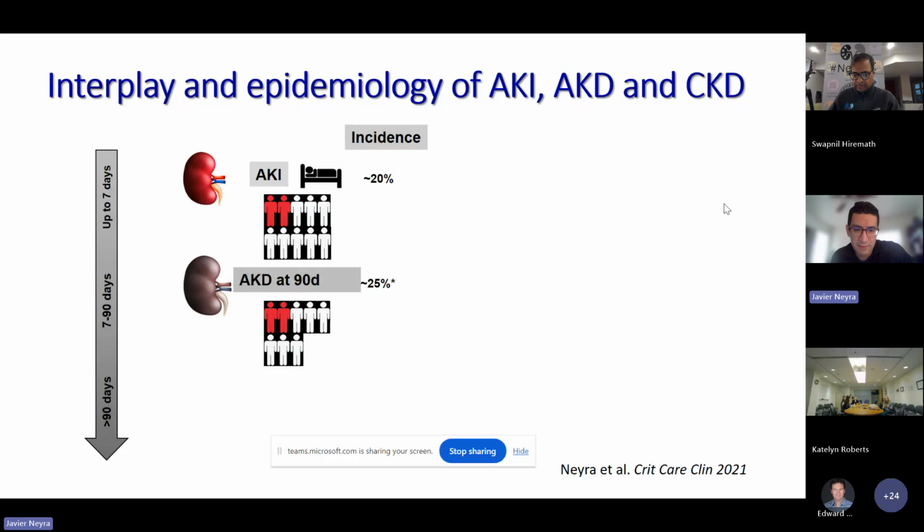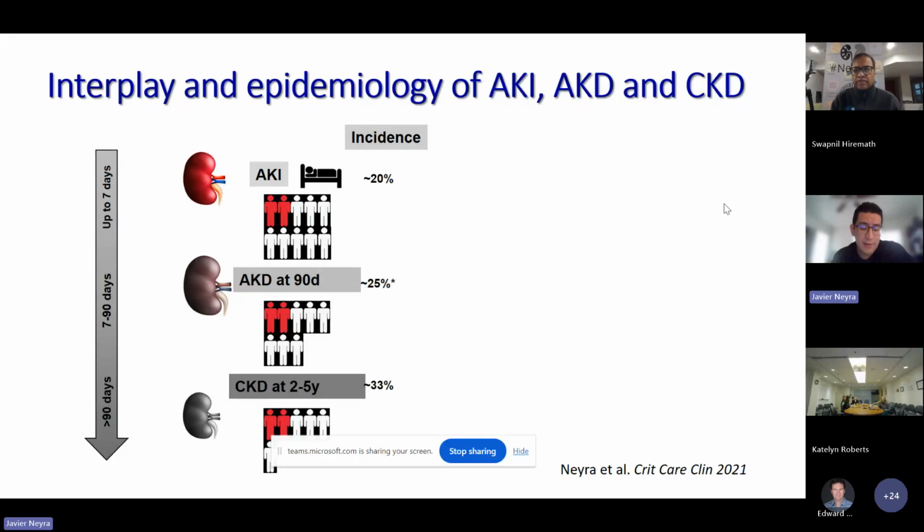About 1 of 4 patients will develop acute kidney disease in this period of 90 days. And then, survivors in the subsequent 5 years will develop chronic kidney disease. Approximately 1 of 3 patients will develop these complications.